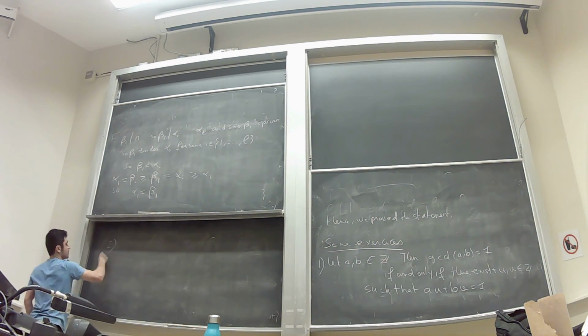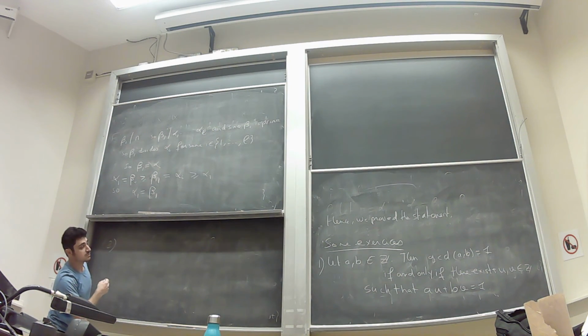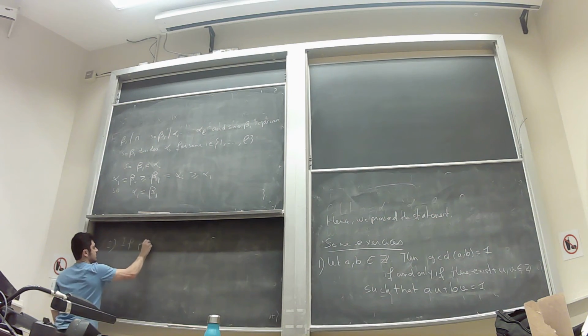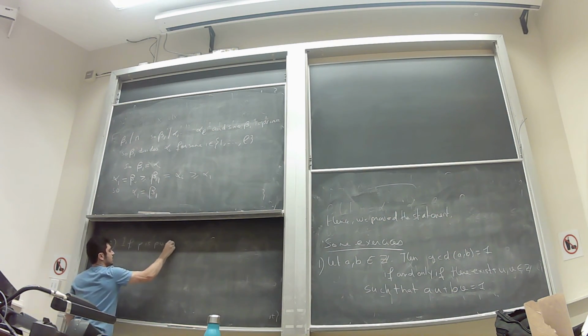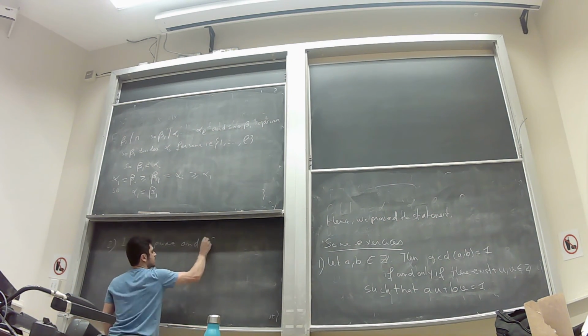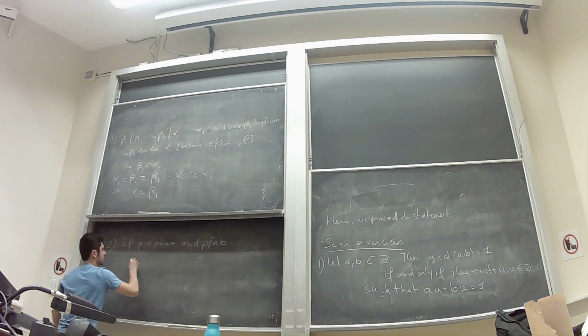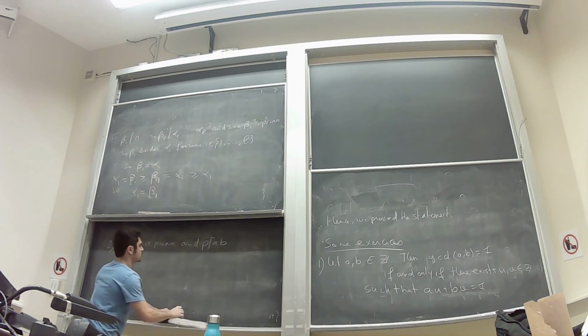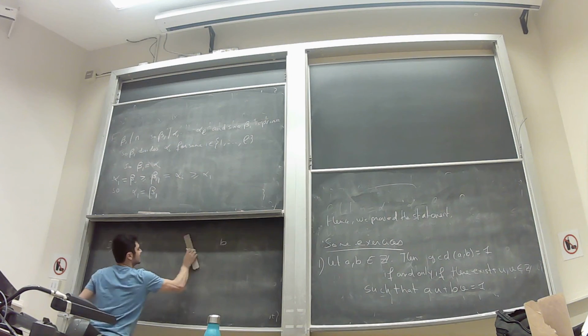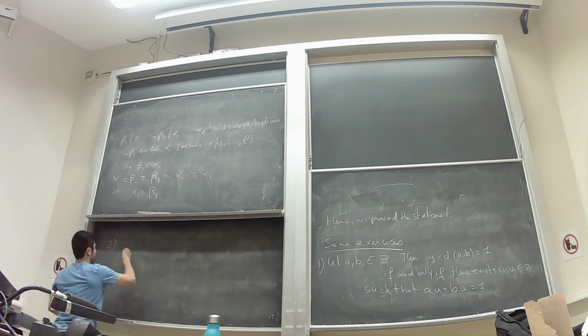2. If P is a prime number and P divides AB, no, what am I saying? You already did that.